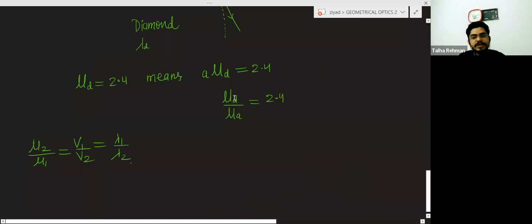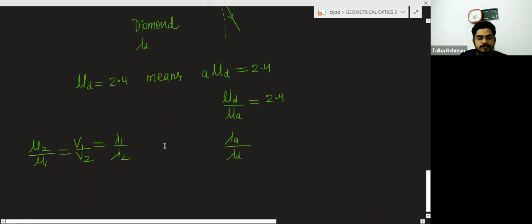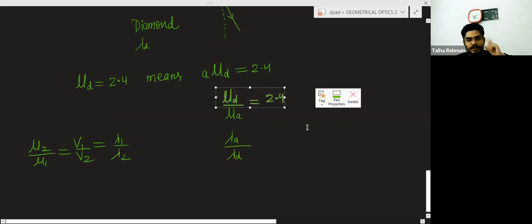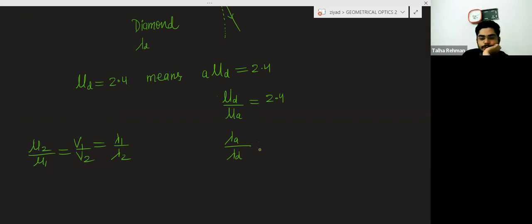So refractive index of diamond divided by refractive index of air can be written as wavelength in air divided by wavelength in diamond from this formula. Are you getting it? So it will be given as 2.4.